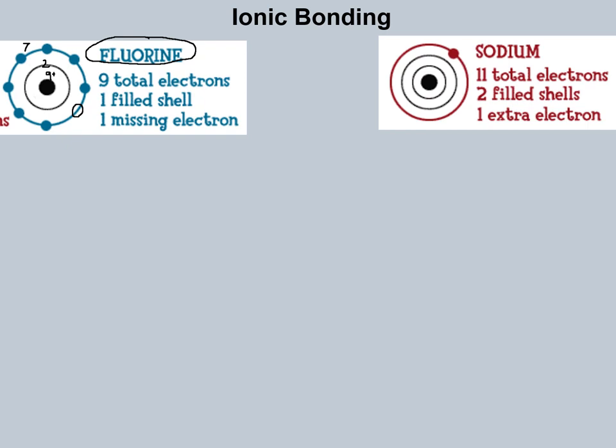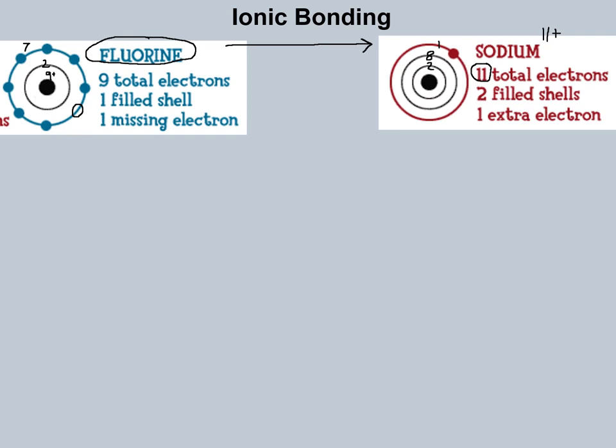So when it's put in the region of a sodium atom, the sodium atom has 11 protons in the nucleus, and it has 11 electrons. So it'll have 2 electrons on the first shell, 8 electrons on the second shell, and 1 electron on the outer shell.